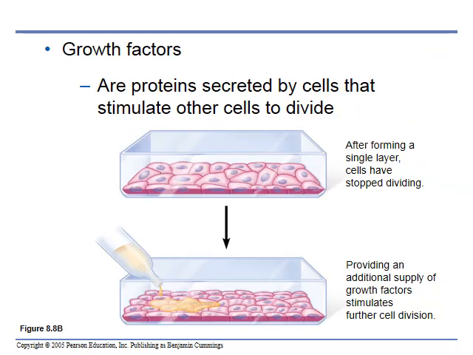Okay, growth factors are proteins that are secreted by cells that stimulate other cells to divide. So normally you can see these cells have formed a single layer and they've stopped dividing. That means the cells around them are no longer secreting this growth factor. It encourages the neighboring cells to divide, and they stop doing that.